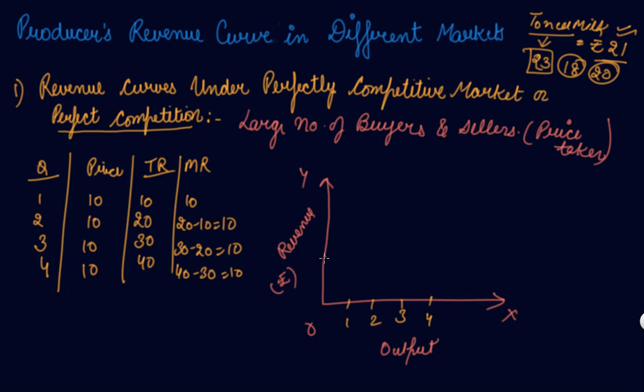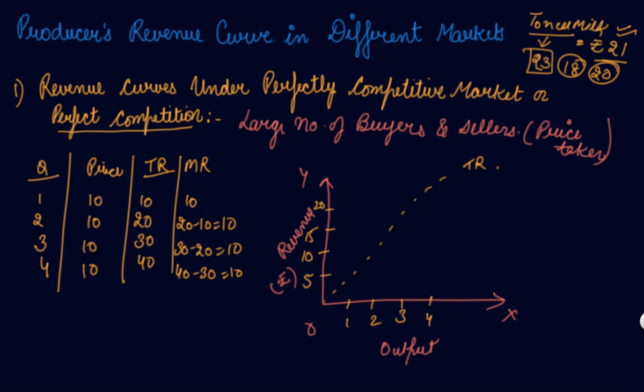Let's take the revenue 5, 10, 15, 20 and see what the revenue curves are under perfect competition. Your total revenue curve will be this. This is your total revenue curve.